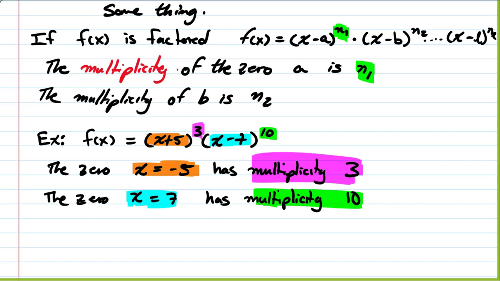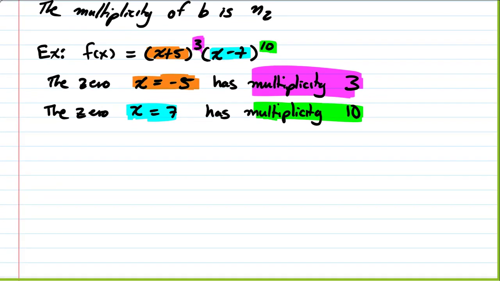The multiplicity of a 0 changes the shape of the graph. There are 2 possibilities at a 0.